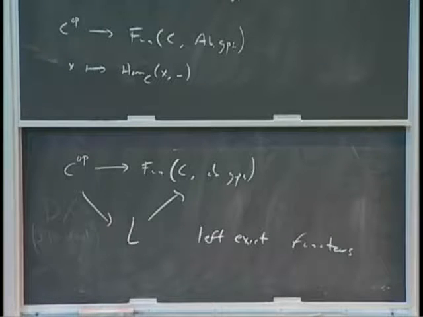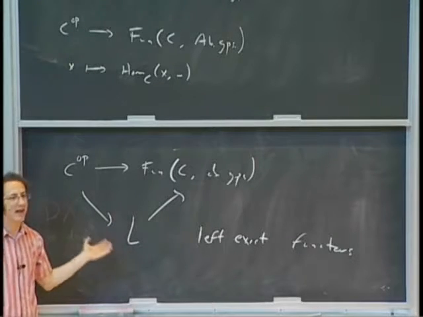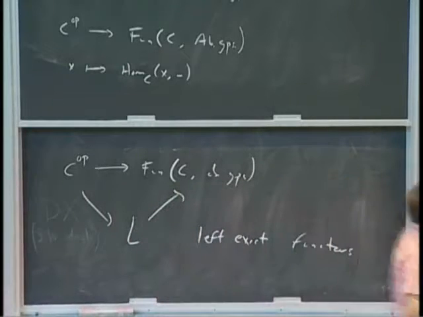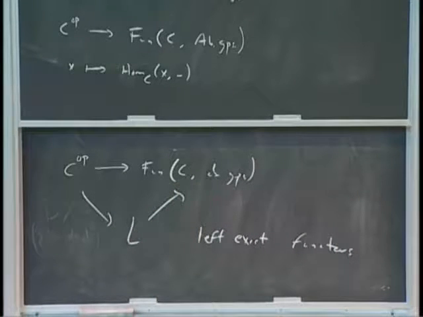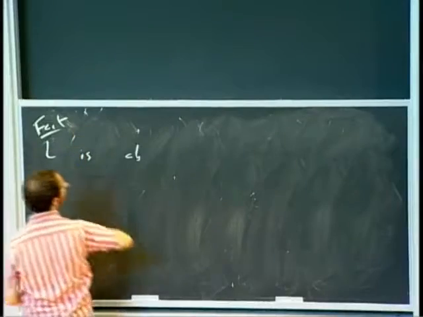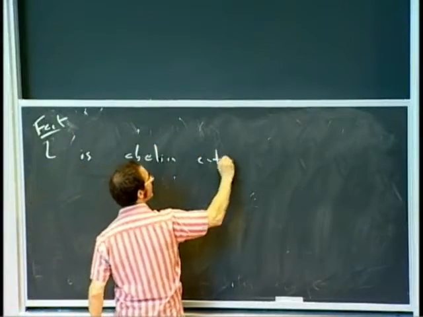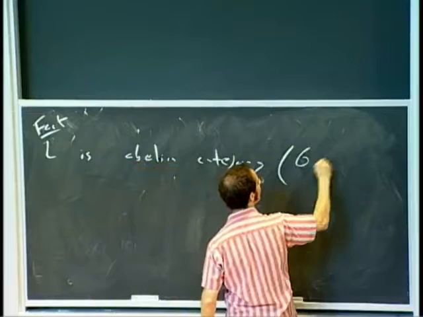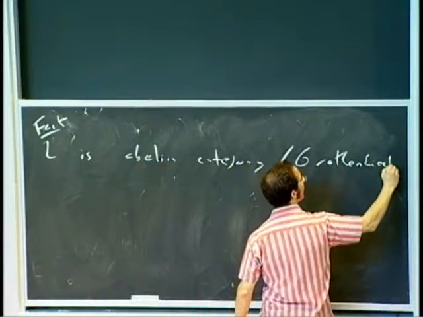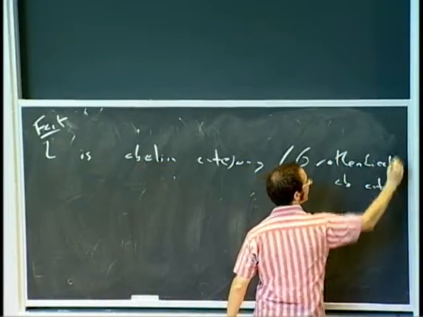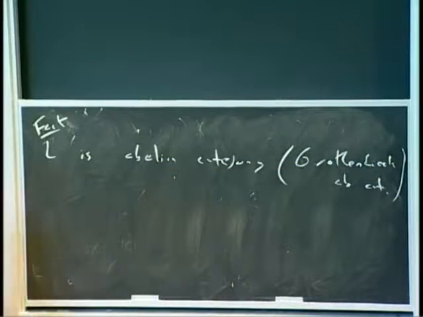In fact, it's a very nice one, called a Grothendieck abelian category, so it's a particularly nice abelian category. And moreover, L has a generator.